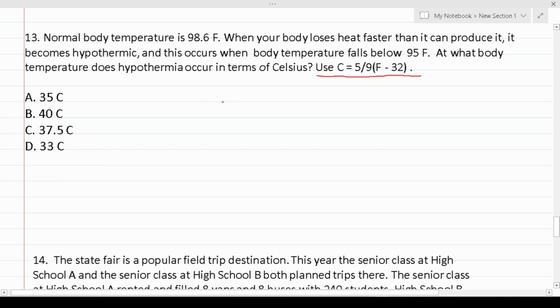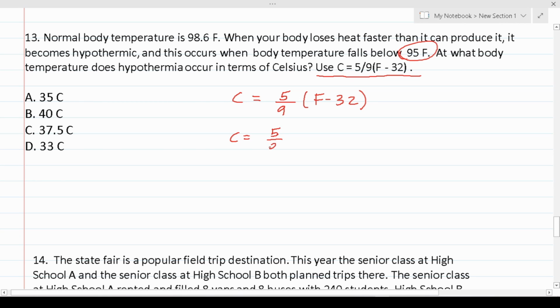So for this one, all we have to do is plug in Fahrenheit in place of F. So again, Celsius equals 5 over 9 times Fahrenheit minus 32. Let's go ahead and plug in Fahrenheit. Again, the body temperature at which you become hypothermic is 95 degrees Fahrenheit.